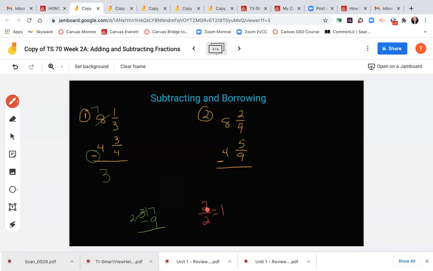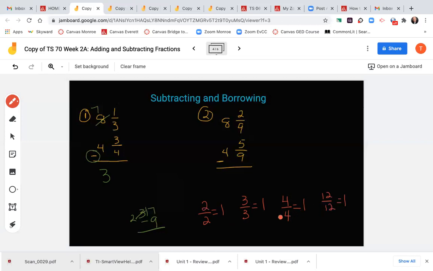Why? Because 2 goes into itself, into 2 one time, okay? 3 over 3, you might want to write this in your notes, equals 1. Any number on top of itself as a fraction equals 1, okay? 12 over 12 equals 1.